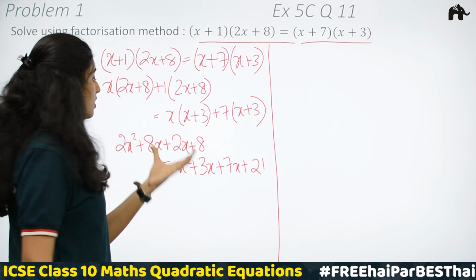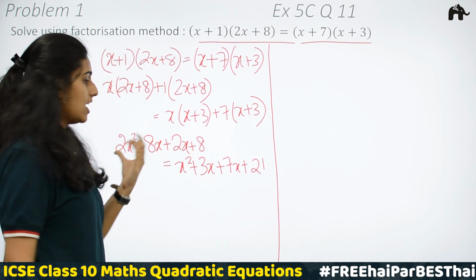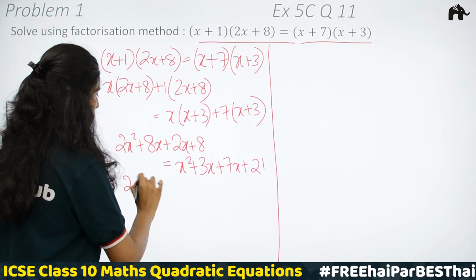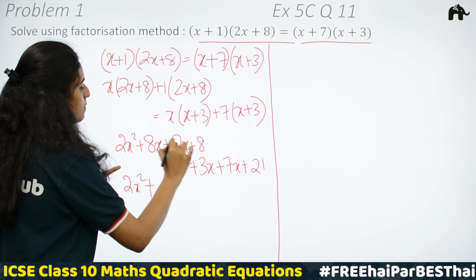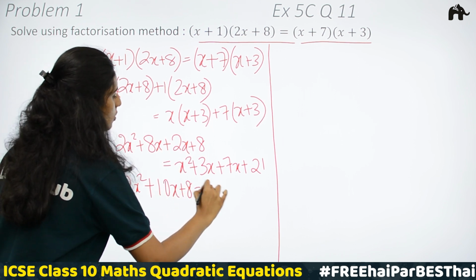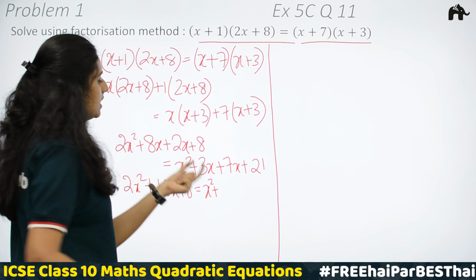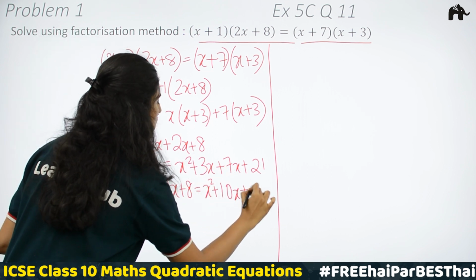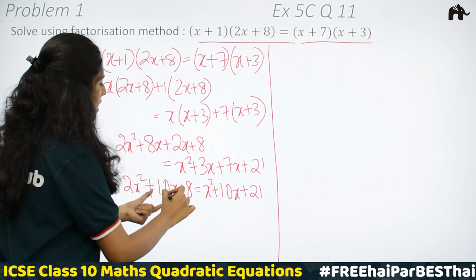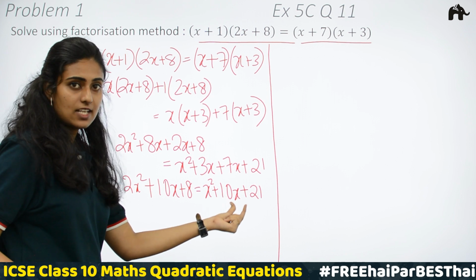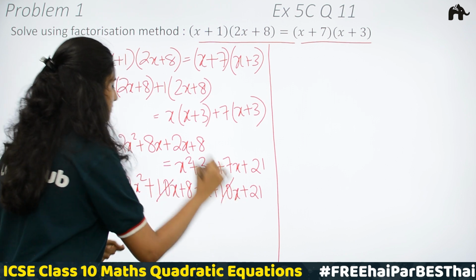Now, bringing all the terms to the left hand side. Here first let us check, this can be written as 2x square plus 8x plus 2x is 10x plus 8 is equal to x square plus 3x plus 7x is again 10x plus 21. Here we have a 10x. Here also we have a 10x. Left hand side and right hand side, the 10x can be removed.